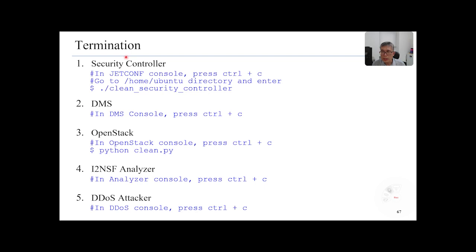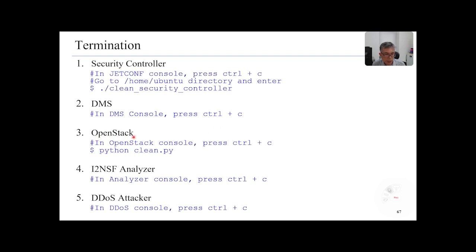So, terminate. After this DDoS attack scenario, you need to terminate all I2NSF components. First of all, the security controller can be terminated using clean security controller. In the DMF console, you can press Control plus C, terminate your terminal.